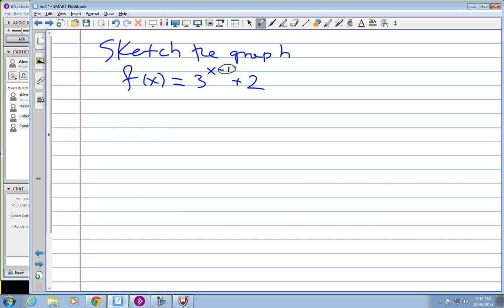It goes up 2. Now, the big thing you have to realize is that since the original graph had a horizontal asymptote at 0, now you're shifting everything up 2 units, you have to take the asymptote with you. So the graph of this function will shift 2 units up, and it will have a horizontal asymptote here.